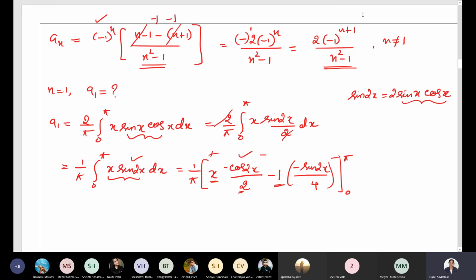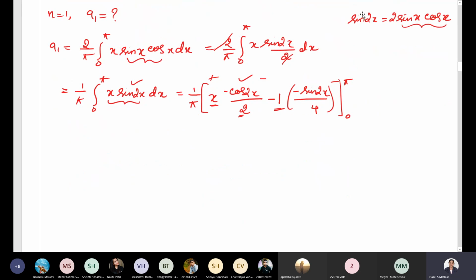And we know for sine this is going to be 0. This term is going to be 0 because sin n pi and sin 0 are all 0. So what will be a1? You can take this 2 outside, so we will have 1 by 2 pi, and the minus sign also outside, so we will have x cos 2x, limits from 0 to pi.